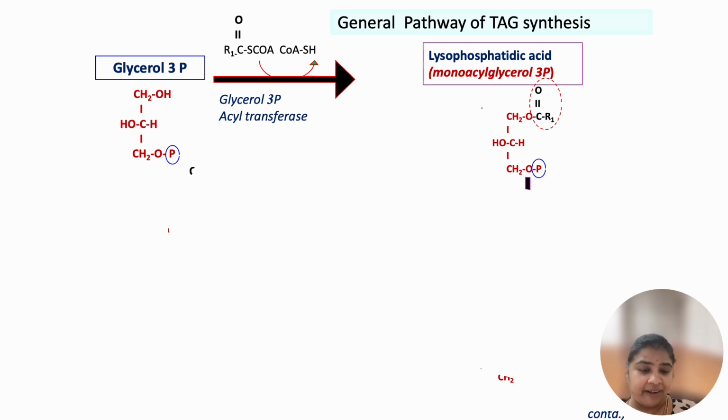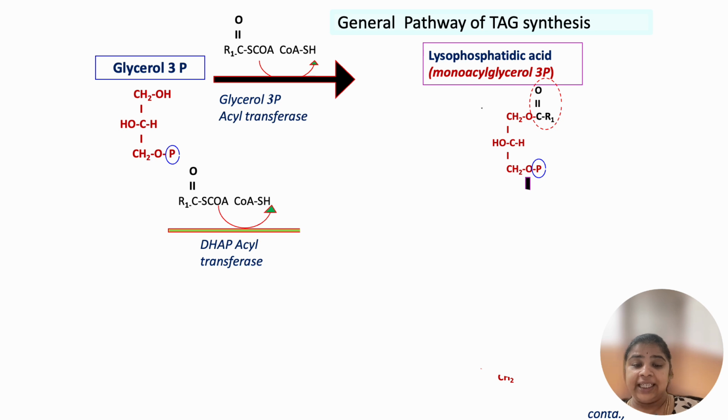So, in the general pathway, either we can start from glycerol 3-phosphate. To glycerol phosphate, there is transfer of one activated fatty acid, an acyl CoA molecule. Acyl glycerol 3-phosphate acyl transferase is the enzyme.